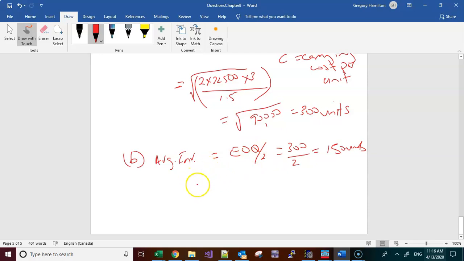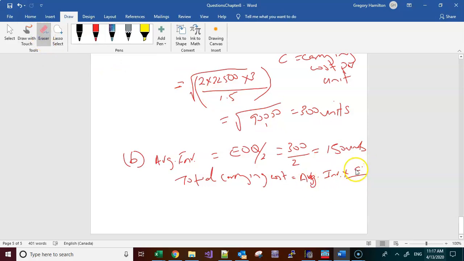So total carrying cost is equal to average inventory multiplied by carrying cost per unit.